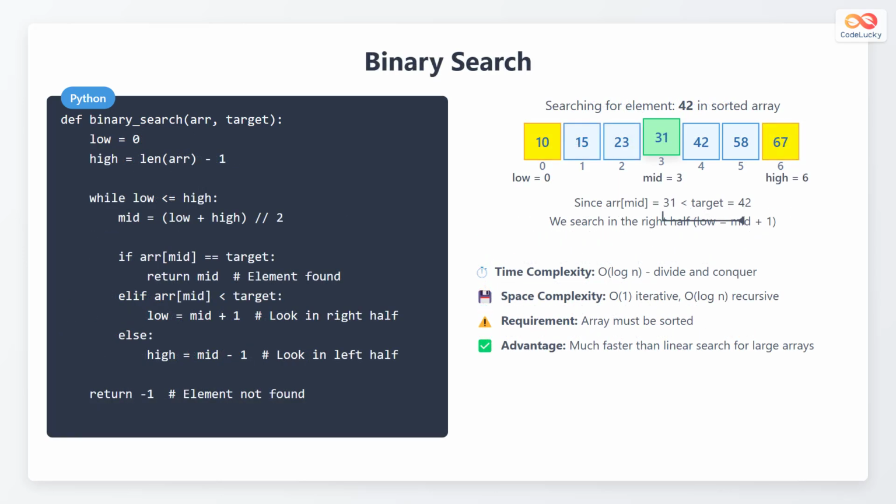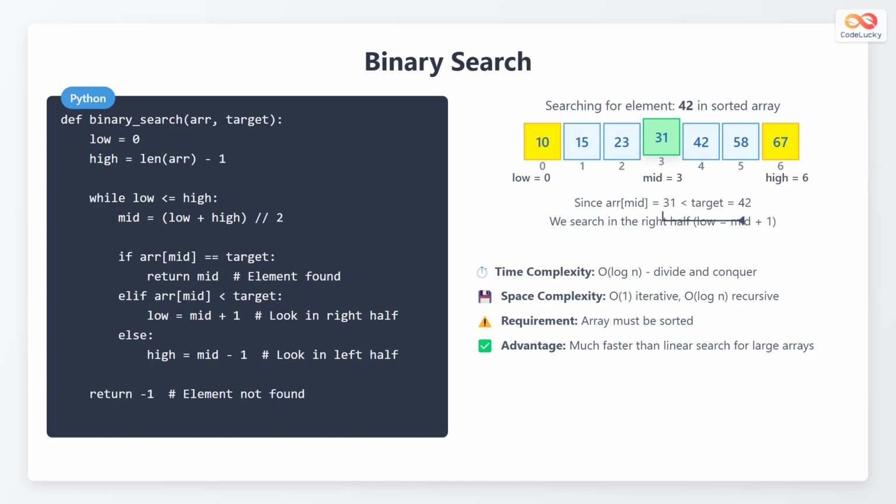Binary search is another algorithm used to find a specific element within a sorted array. In this method, we repeatedly divide the search interval in half. The function binary search takes a sorted array and a target as inputs. def binary_search(array, target): low = 0, high = len(array) - 1.